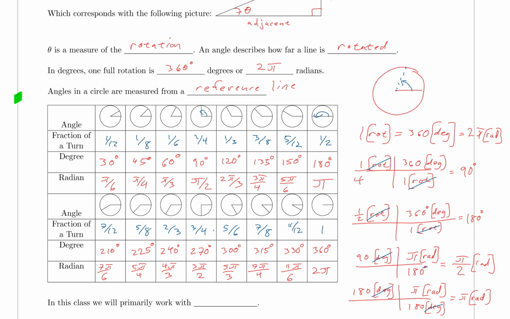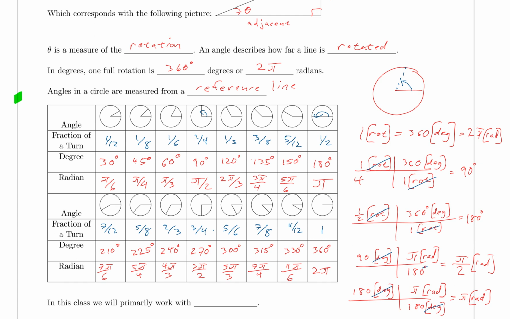Don't worry so much about memorizing the fractions of the turn. I do expect you to have the degrees down, and I definitely expect you to have the radians down. The reason that I emphasize radians so much is that when you get to Cal 1, the radians become very important, and you really want to have these radian measures committed to memory.